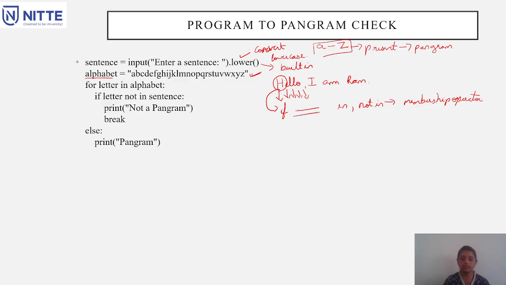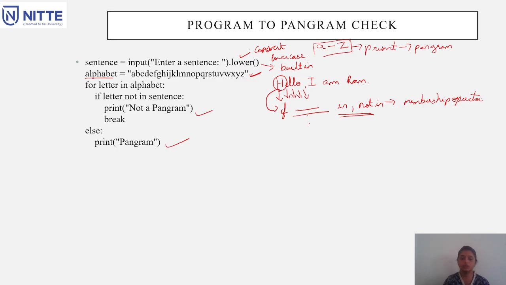If the letter is not present in the sentence, print not a pangram. If it is present in the sentence, then we print it as a pangram. So in Python, it is so easy using the membership operators in and not in.